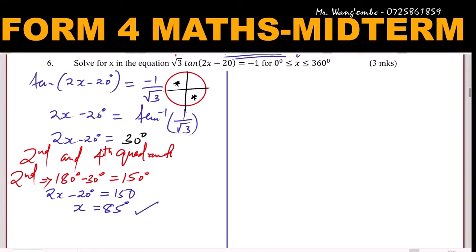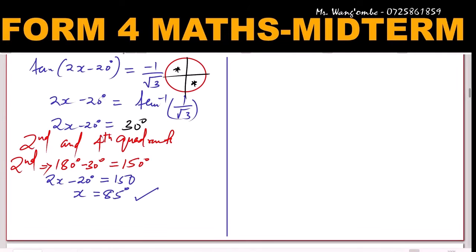Then in the other quadrant, the fourth quadrant, we get the angle by 360 subtract 30, so the angle will be 330 degrees.